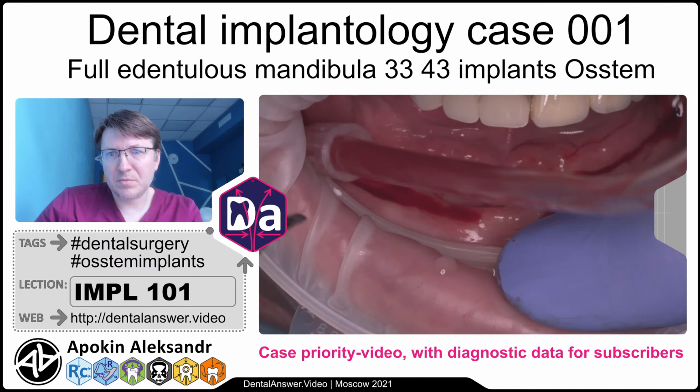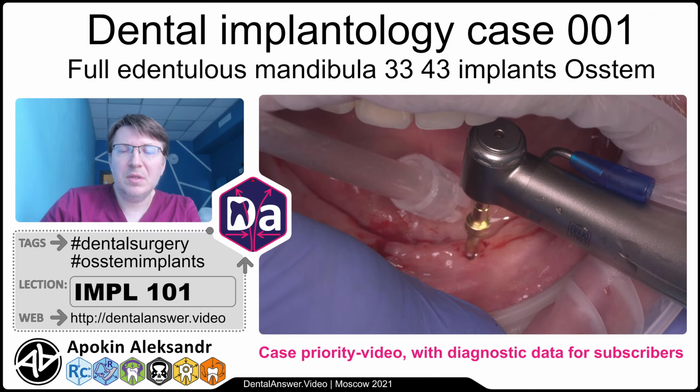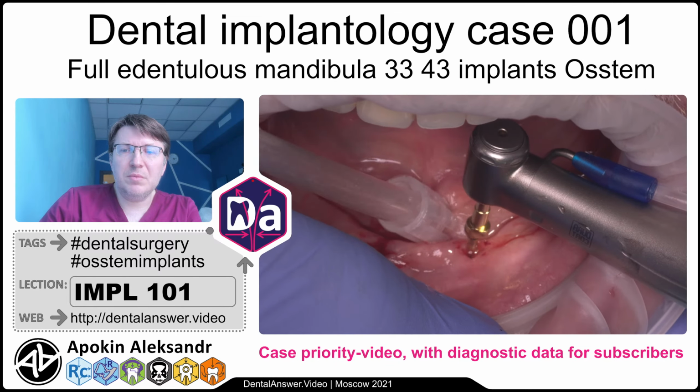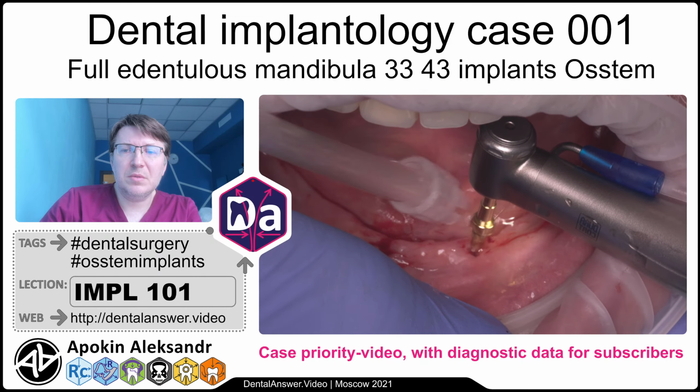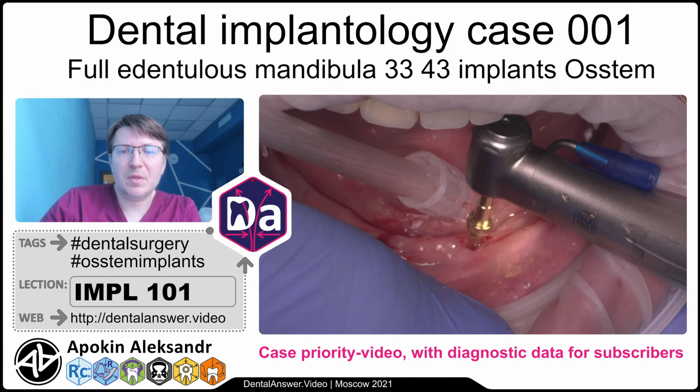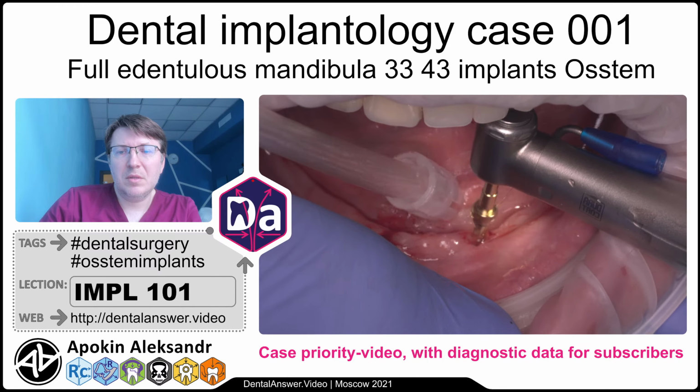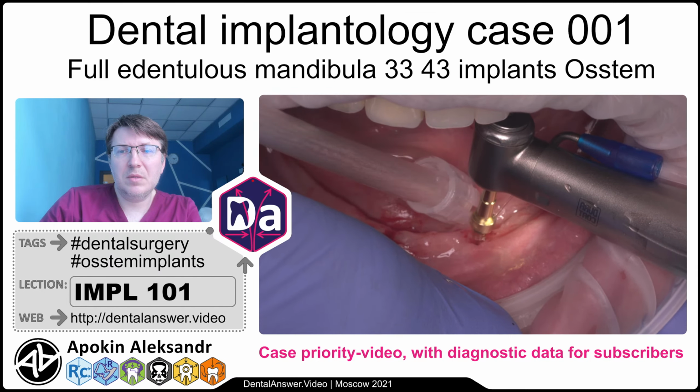The second drill is 2 mm in diameter, 13 mm length. In this case, I think this is a bicortical placement of the implant, because we have very deep drilling, and this is my plan.